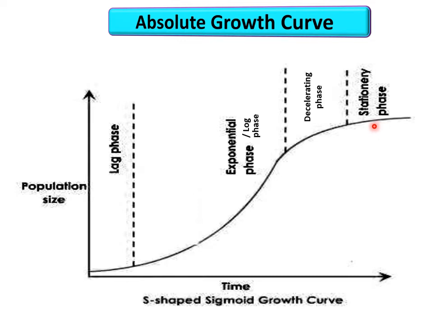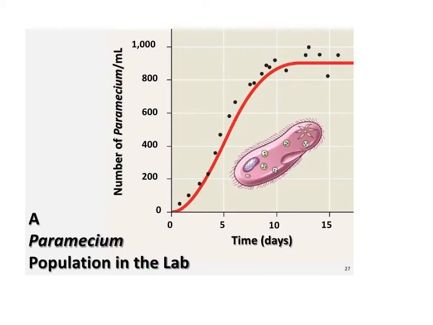The organism is fully developed and achieves maturity, so the rate of cell division is equal to the rate of cell death. An example for the absolute growth curve is the population growth of Paramecium species.